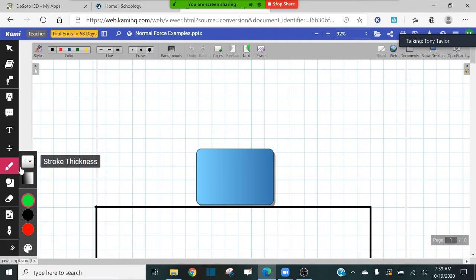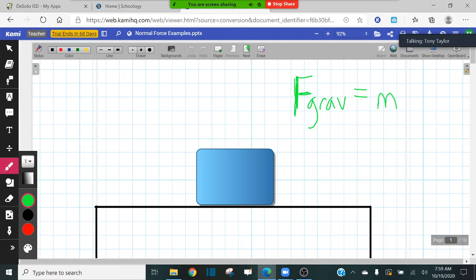Now, okay, so last week and also at the beginning of this class period, I told you guys that the force of gravity, if you want to know its magnitude, is always equal to an object's mass times 9.8. Now, in order to make these calculations simple, I'm just going to round 9.8 out to 10.